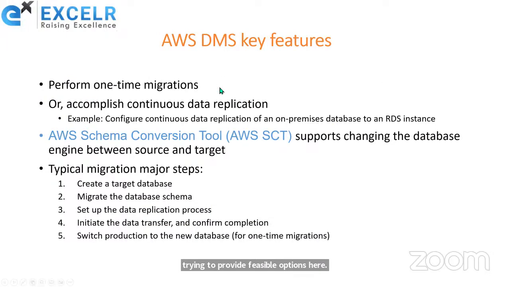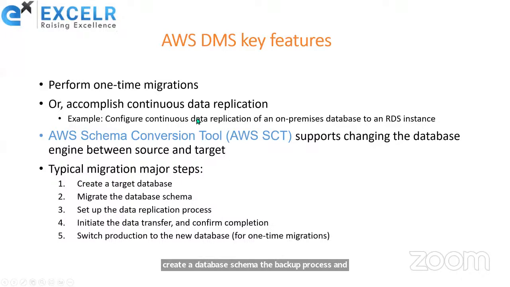These are key features of the Database Migration Service. You can create a target database. These steps come up when you do lab sessions or real-time projects: you create a target and destination database, create the database schema, do the backup process and data transfers, and switch production to the new database.